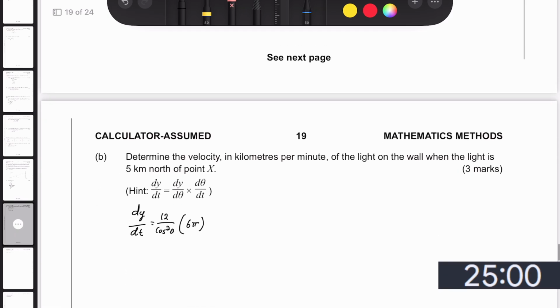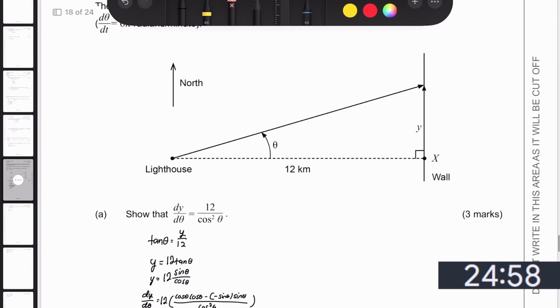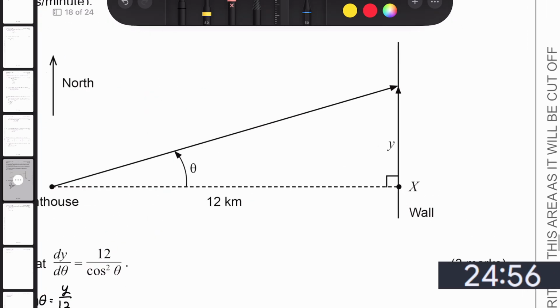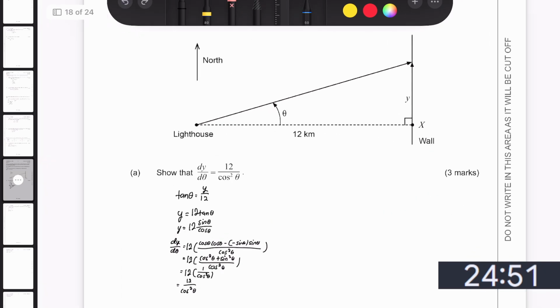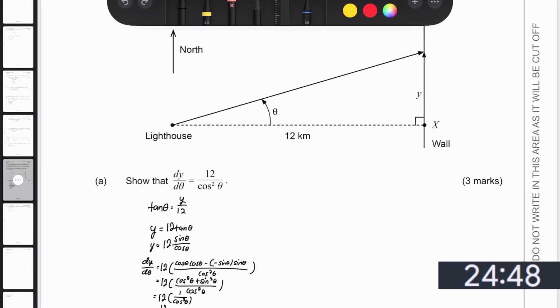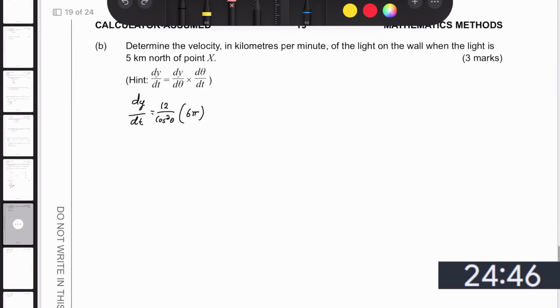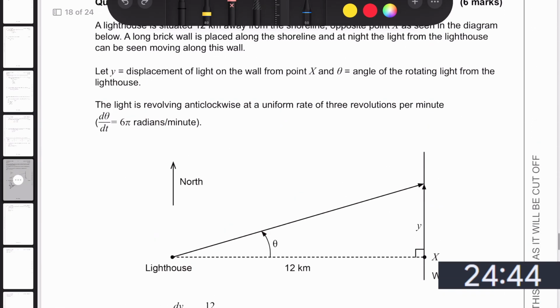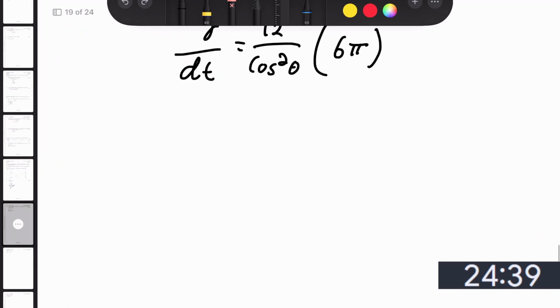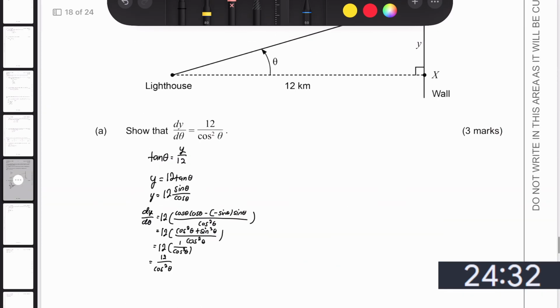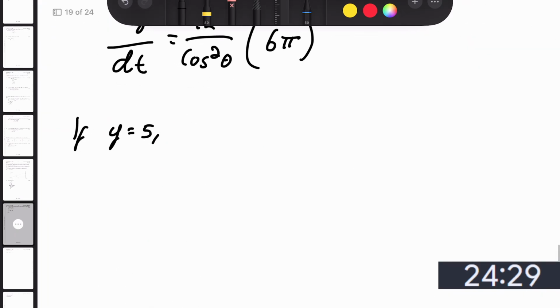So when the light is 5 kilometers north of point X, y is 5. Then if y equals 5, then 5 is equal to 12 tan of theta.